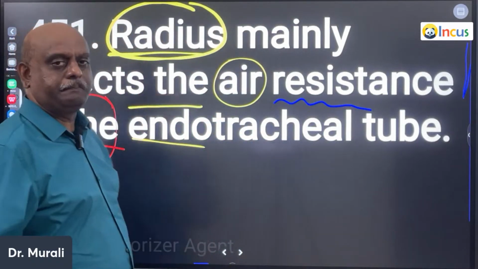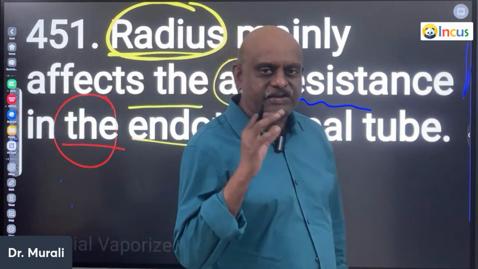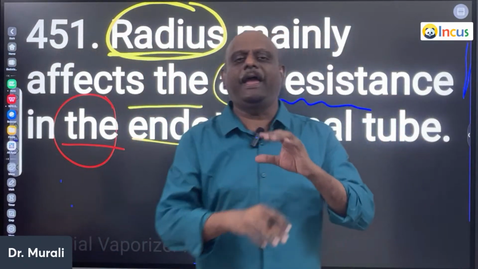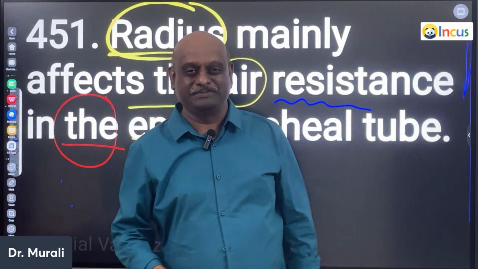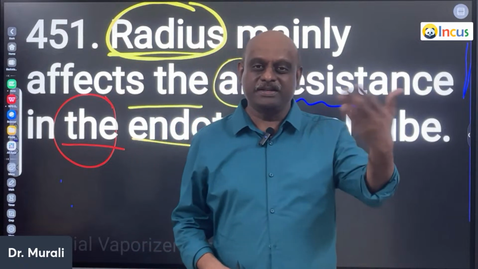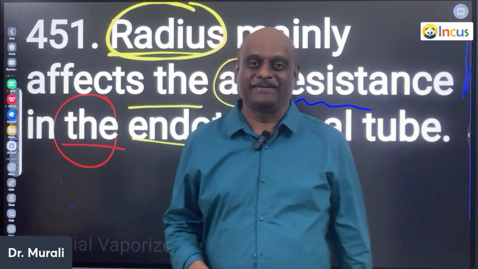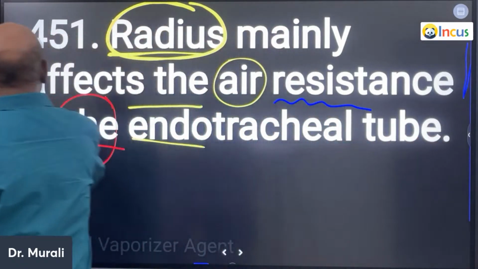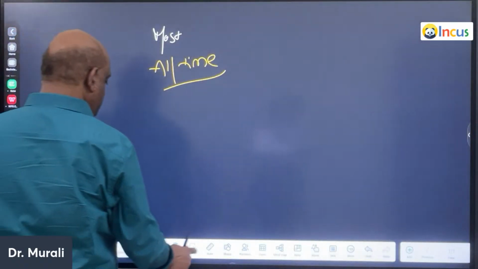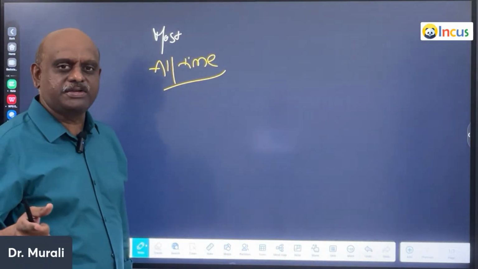Now, what is the most important determinant of the resistance for the flow of the air in an endotracheal tube? Always it is the radius, right? So what is the relation between the radius and the resistance, doctor?